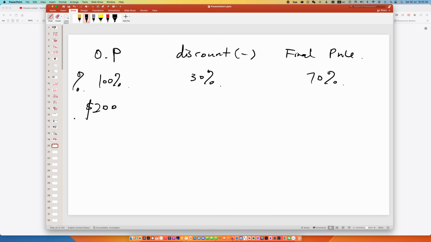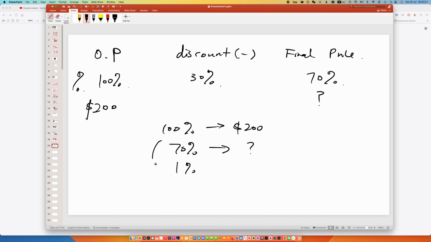Let's say the original price is $200. So 100% is your $200. It really depends what they ask. They can ask you for the final price, so you put a question mark here. Basically 70% is how much? Before you find 70%, a lot of students want to find 1% first.